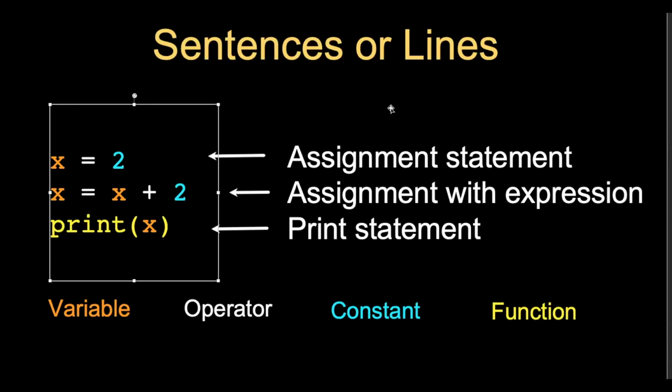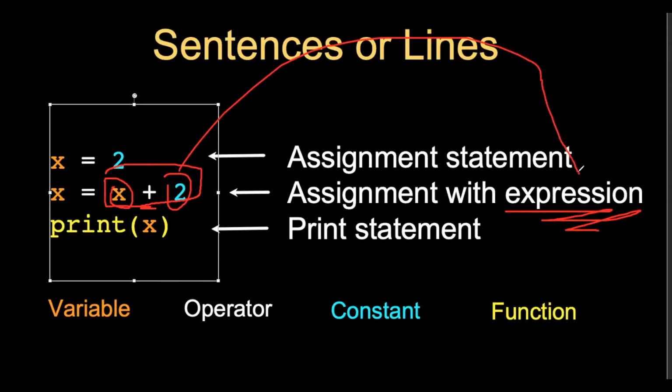One example is x plus plus, that's a unary operator. But in a generic sense, you have two operands here, in this case x and 2. When you have an operator in between, these operand and operator combinations are what we call expressions. So this entire thing is an expression.